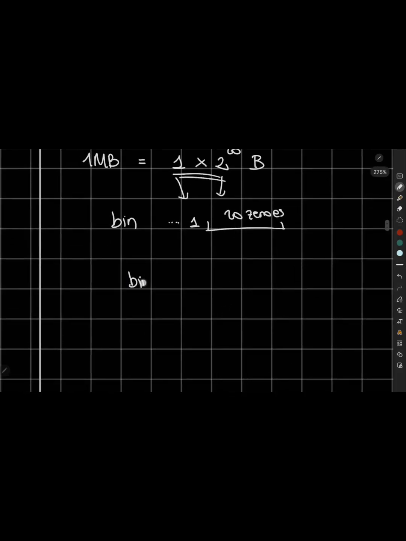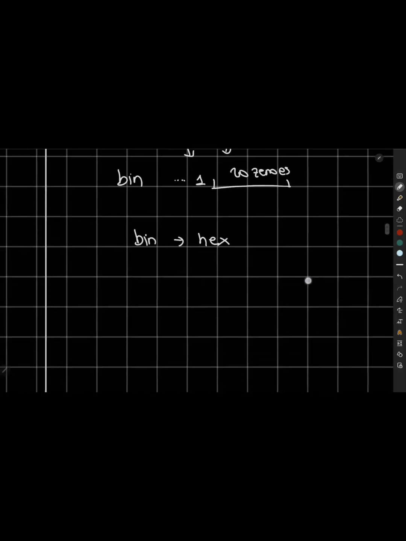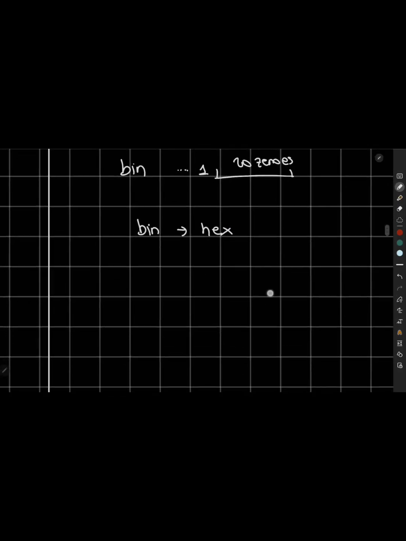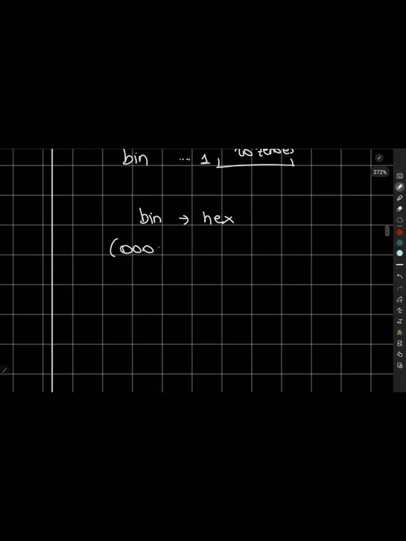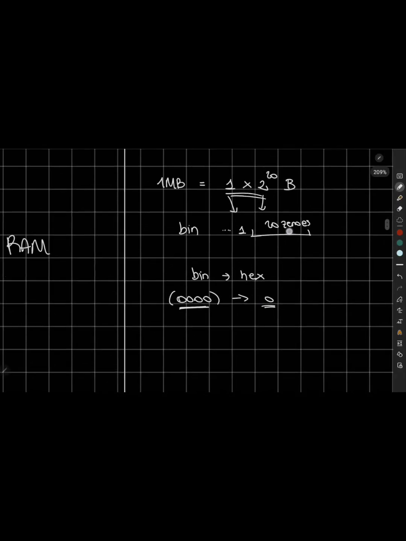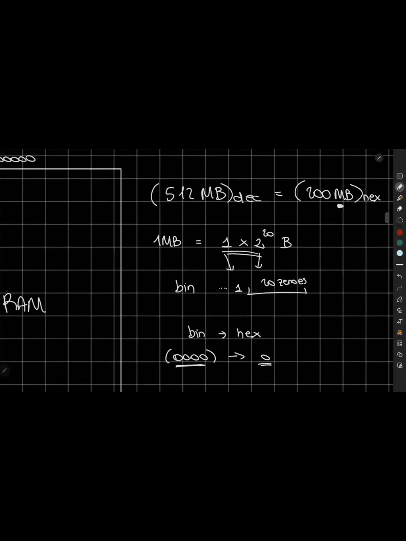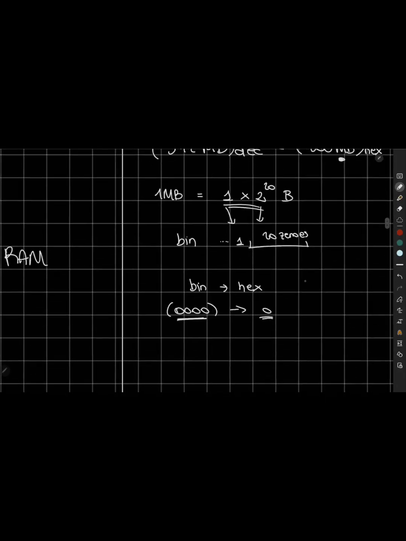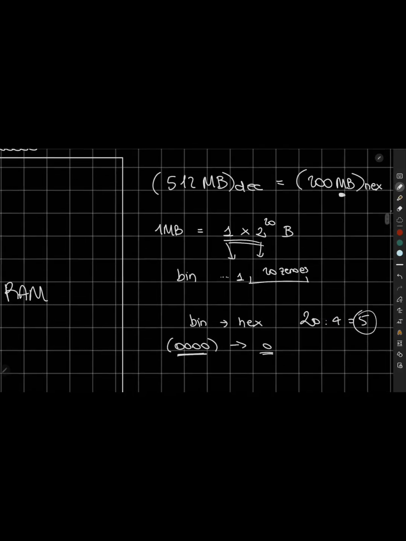Because the conversion between binary and hexadecimal is particularly easy: 4 bits in binary convert directly into 1 hexadecimal digit, so 4 zeros in binary correspond to exactly one 0 in hexadecimal. This means that for megabytes, we simply add 20 divided by 4, equal to 5 zeros after this number.